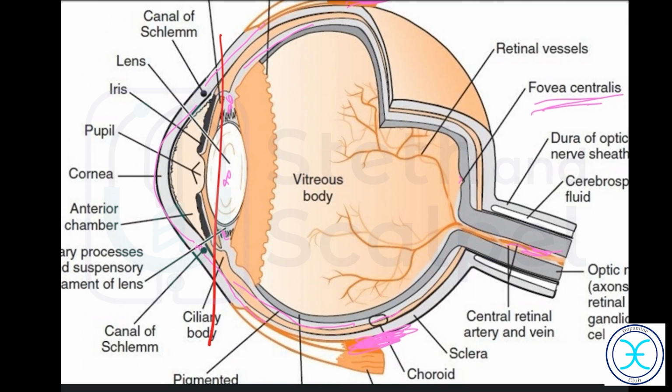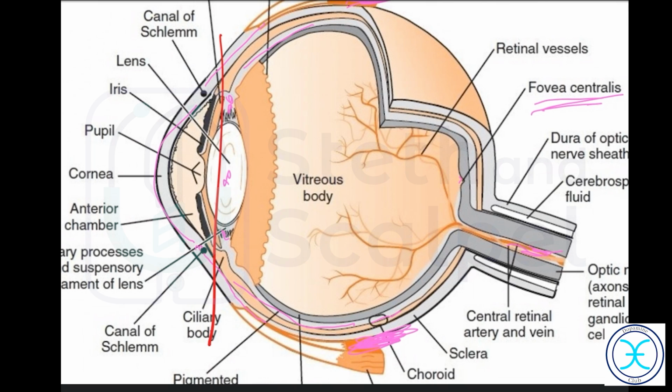So if you want to know how it happens, first of all, the lens is a derivative of the surface ectoderm. It just comes in and it's encompassed by the mesoderm. So the development of the lens is unique. From the inside, the neuroectoderm, the fundus, the retina, and the blood vessels, all of those develop.